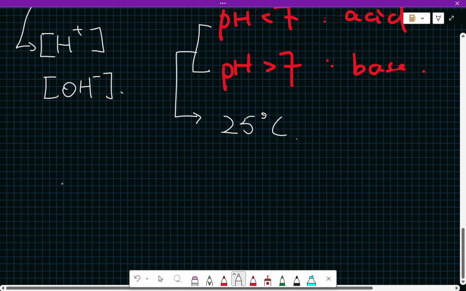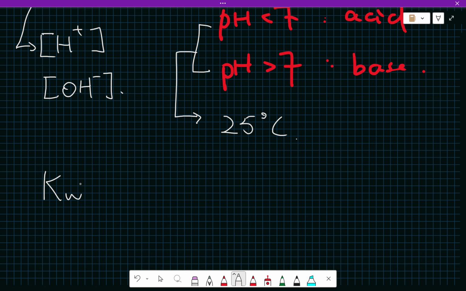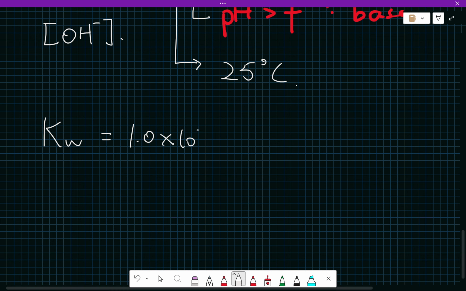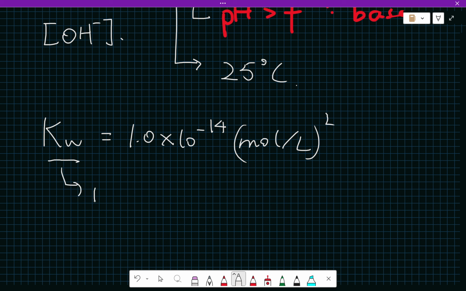Now we're going to introduce a concept called the ionization constant. The ionization constant is equal to 1 times 10 to the power of negative 14 mole per liter, altogether squared. And this applies to all aqueous solutions. This is the product of the concentration of the hydrogen ion and the concentration of the hydroxide ion.